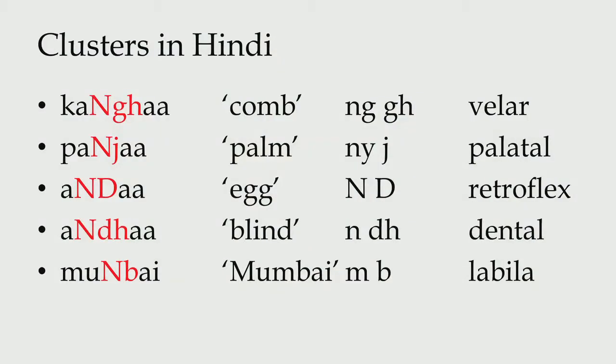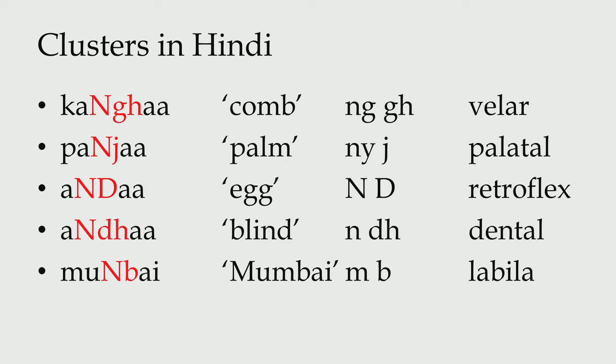Now, please look at the clusters where nasals are involved in Hindi. Again, in the 5 words that you see on the screen, I have marked the cluster of nasal consonant and the other member of the cluster in red.